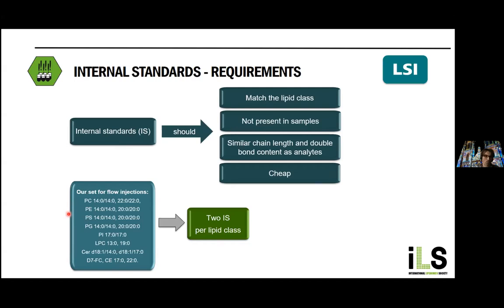And if this ratio is not constant within the batch, and we have some outliers, we have some indication that something went wrong with that sample, for instance. You see we have these internal standards for all the lipid classes. And as I told you, having two of them lets you control the response in the individual samples.